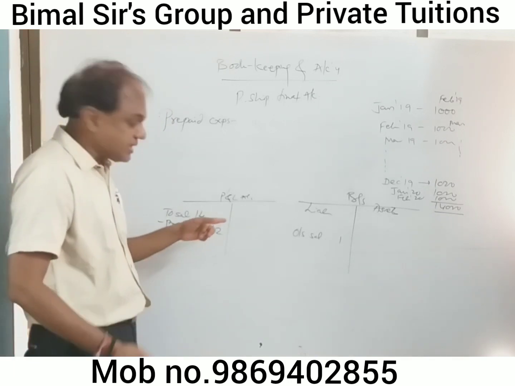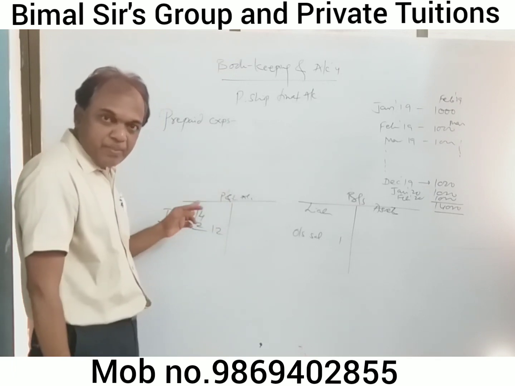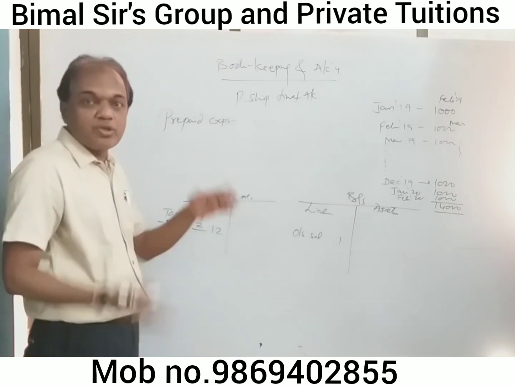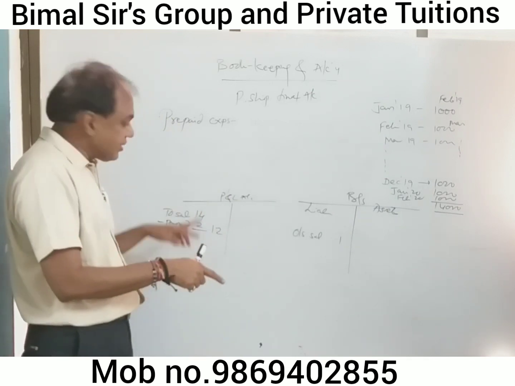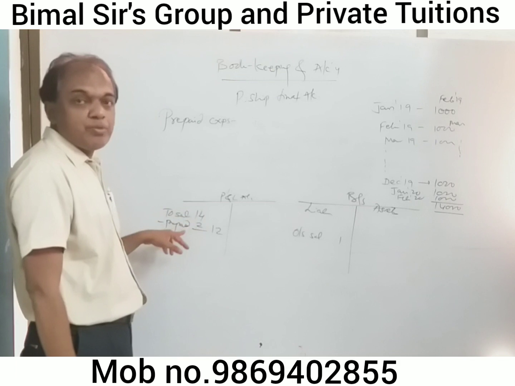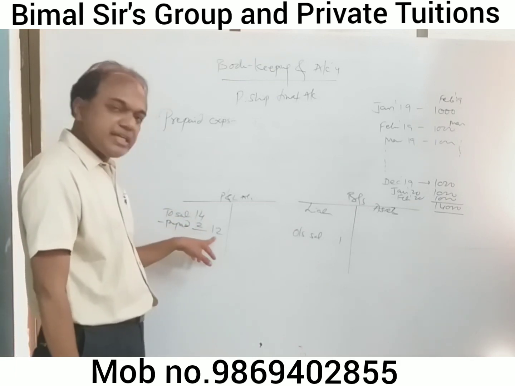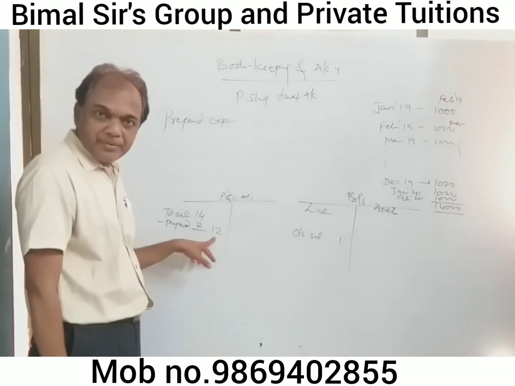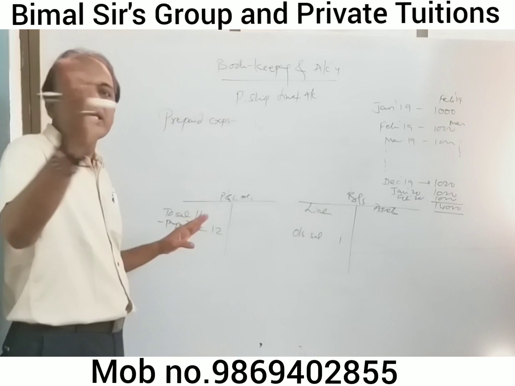See, same example, same amount: earlier we had outstanding, we added the amount, and it came to 12,000. So it is a 12 months period expense. Again here, I paid you 14,000, but I removed the extra from my books of accounts. You see, minus prepaid 2,000, again it is 12,000. 12 months only. So same figures: you cannot record for more than 12 months or less than 12 months.